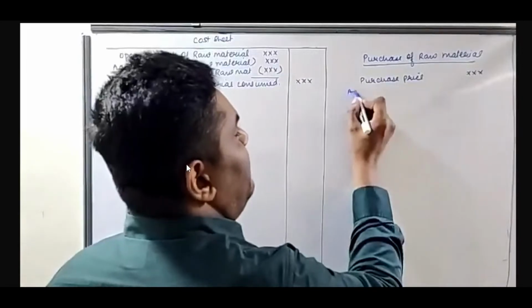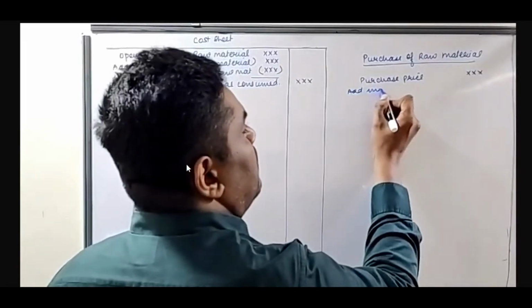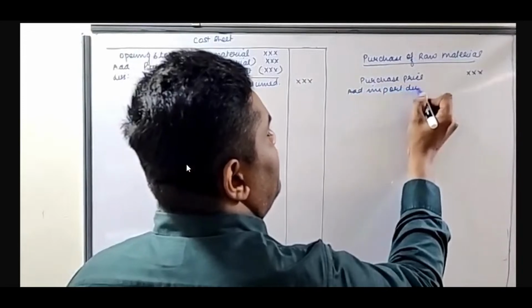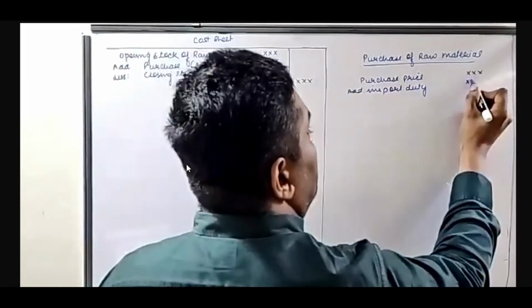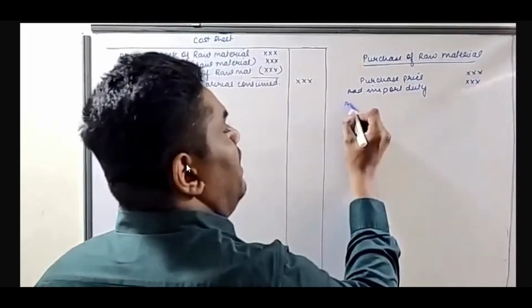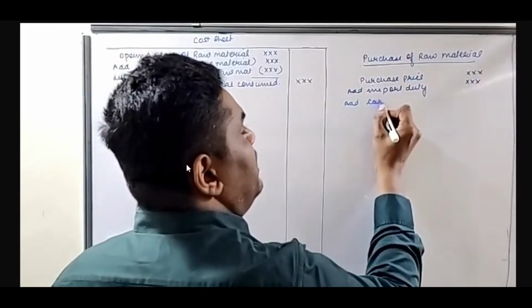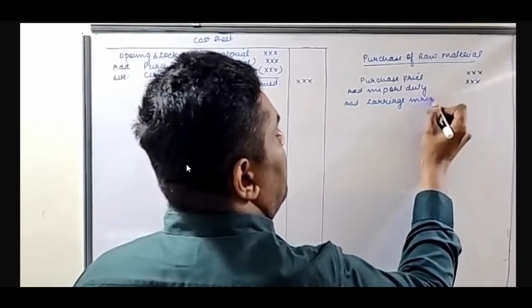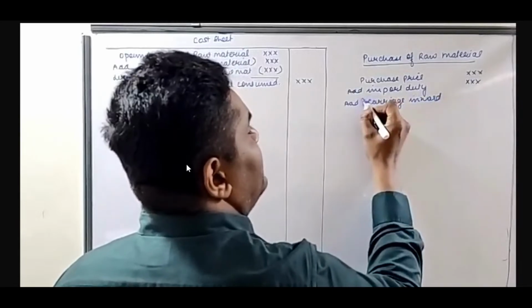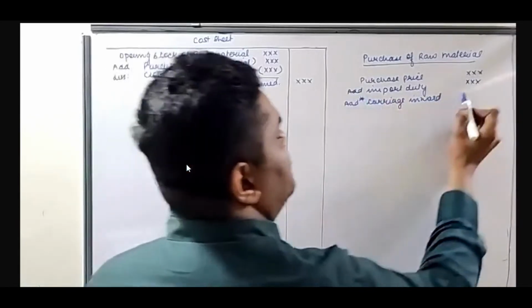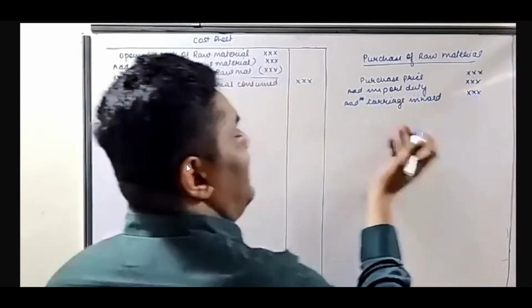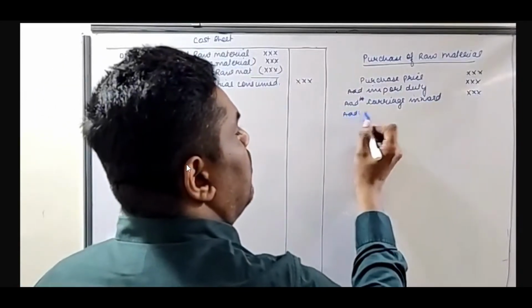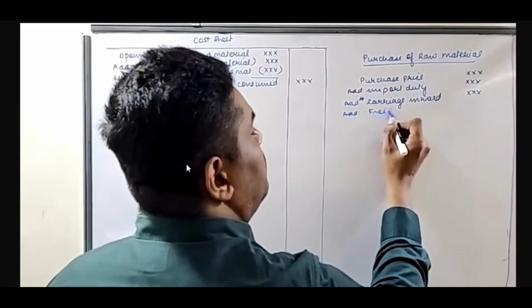So let's say, if we are importing the raw material, then import duty if we are paying, carriage inward, very important, carriage inward. If carriage inward is given, it will form part of the purchase price. Carriage inward or freight inward.